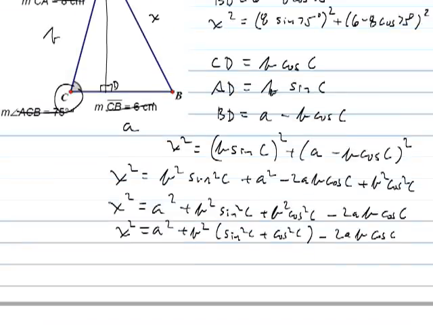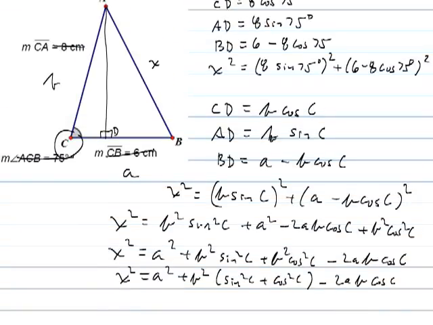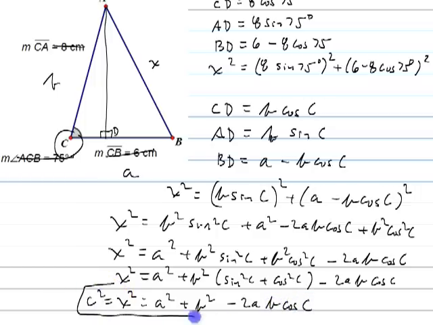There's a rule in math that sine squared C plus cosine squared C is always equal to 1. And with this, we get what's called the law of cosines.